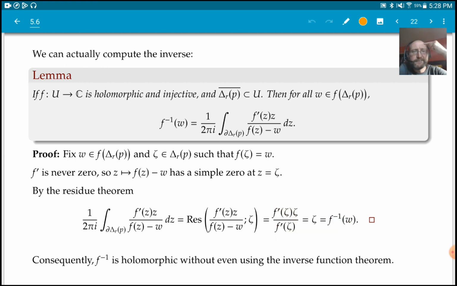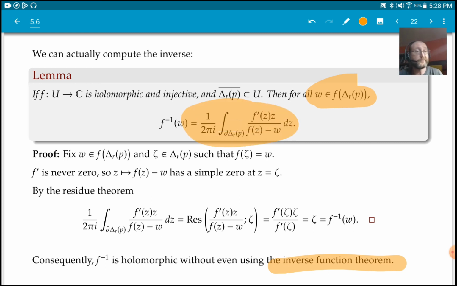Now, this has an interesting consequence, which might not be a completely new consequence, but it's a cool one anyway, because you don't have to apply the inverse function theorem now to show that the inverse is holomorphic. If you look at the image of a disk, that's a disk by the open mapping theorem, and you look at some point in that disk, you have a nice formula for it like this.